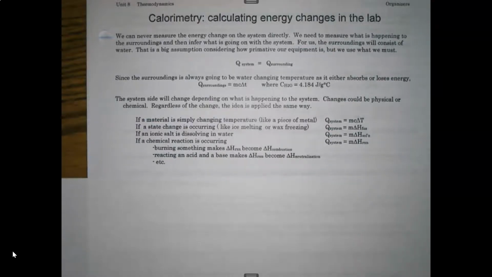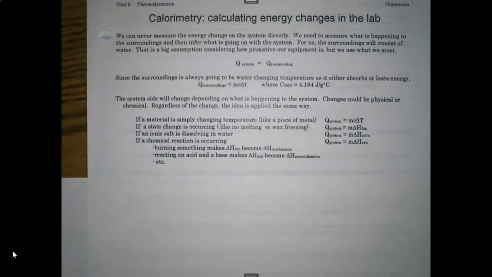Okay? However, if we're doing a state change, like melting or freezing or something like that, you're going to use M delta H because that doesn't have a temperature change. So the delta T falls away because a state change happens at a temperature plateau.